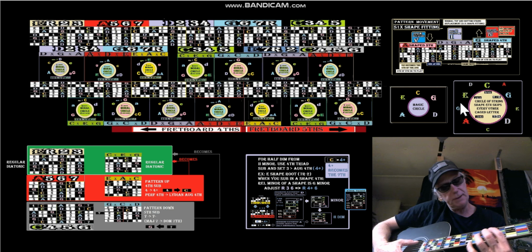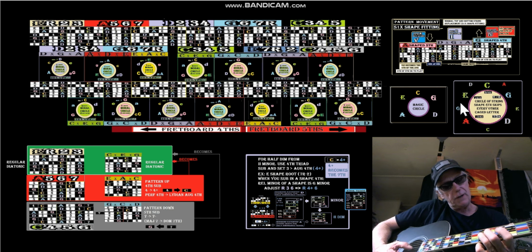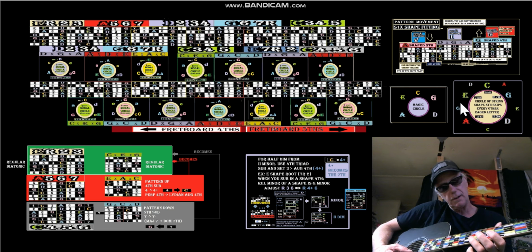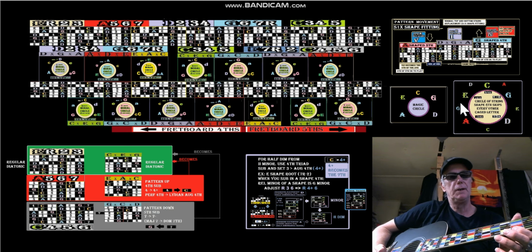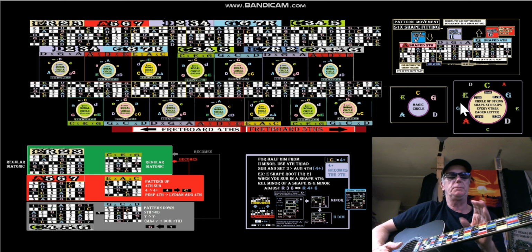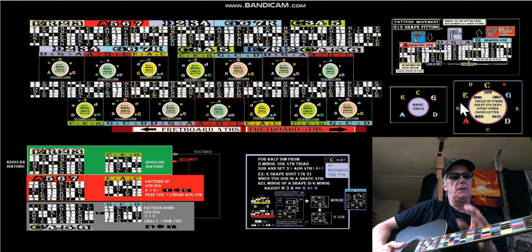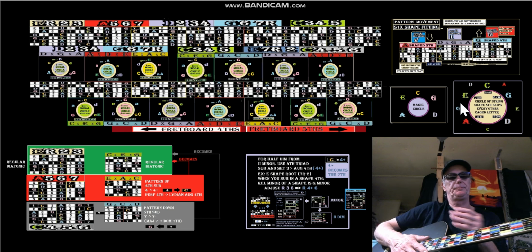For the D-shaped D, we would start, here's your E-shaped D. Okay, it would go 2, 3, 4, 5, 6, 7, root 2, 3, 4, 5, 6, 7, root 2, 3, 4. That's an A right there, which is the fourth of E. So we played that D-shaped diatonic, okay, and that was the next shape up from the E shape, because in the word cage, E goes to D.